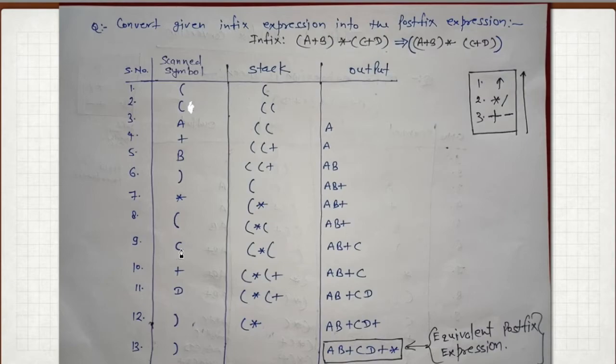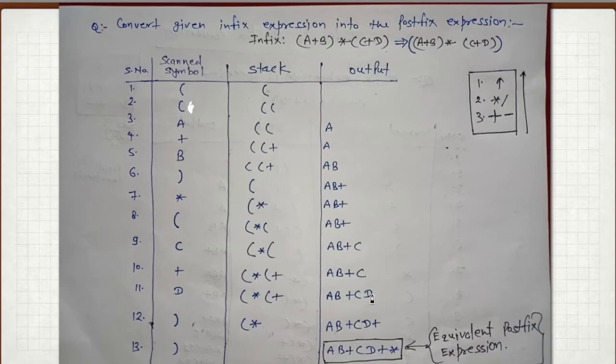Okay, now C is an operand, so it will be pasted directly here in the output column. AB plus C. After that, after the C, the next symbol is plus. You can see here, this is an operator, so it will be inserted into the stack. Right? The next point is D. You can see D is an operand, so it will be inserted into the output column.